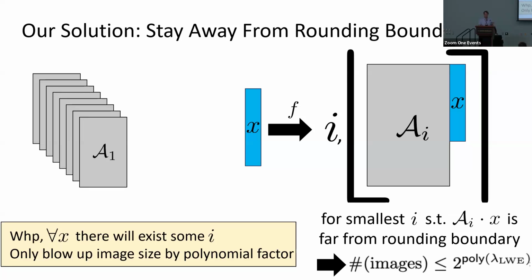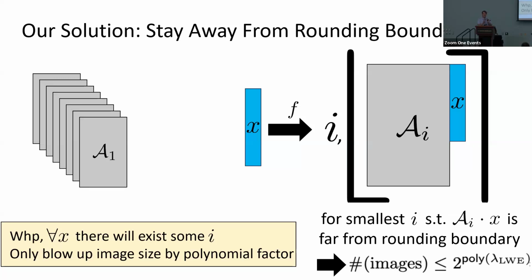Then I actually get the lossiness I want, and I'll output the result of A1 dot x. If A1 dot x happens to be close to a rounding boundary, then I can't do that, so I'll move to A2 and check if A2 dot x is close to a rounding boundary. If it's far, I'm happy, I output that, and I just keep going. What we show is that you only need a polynomial number of matrices before you are almost certain to have one of these get you far from all the rounding boundaries.